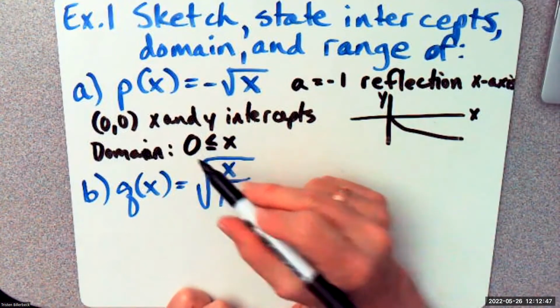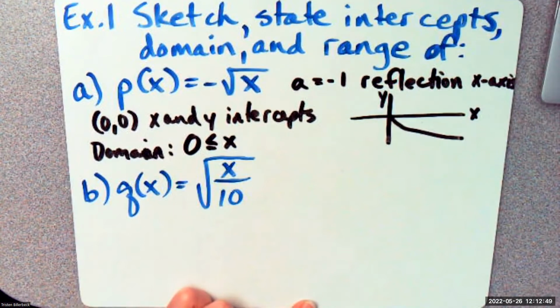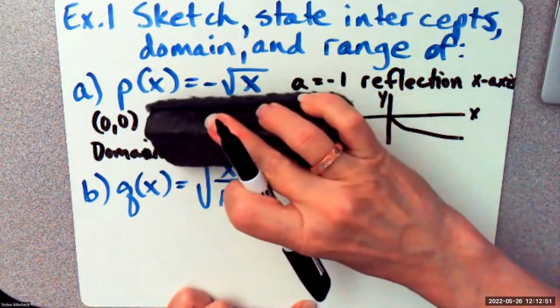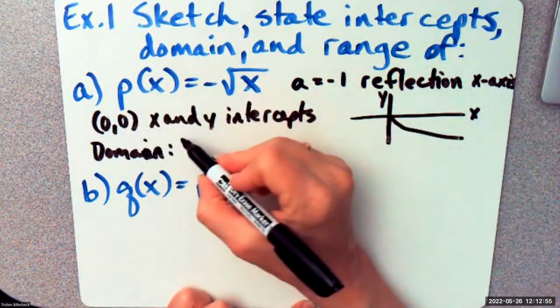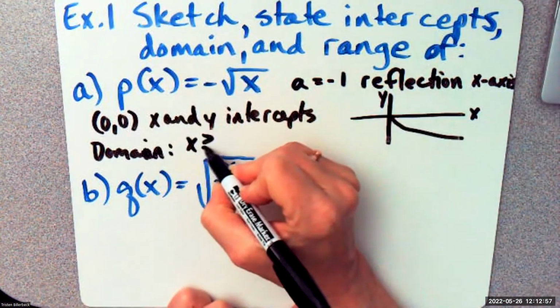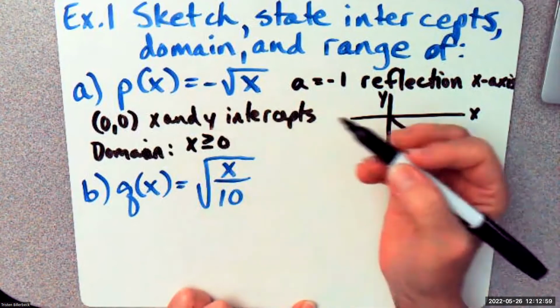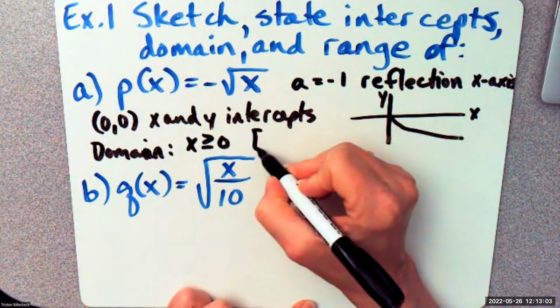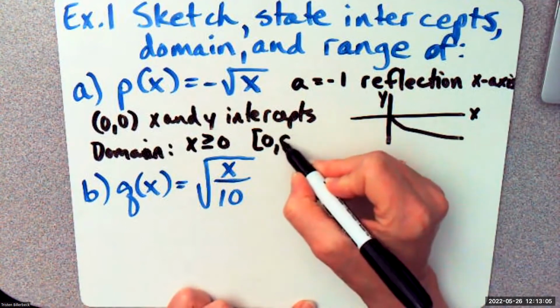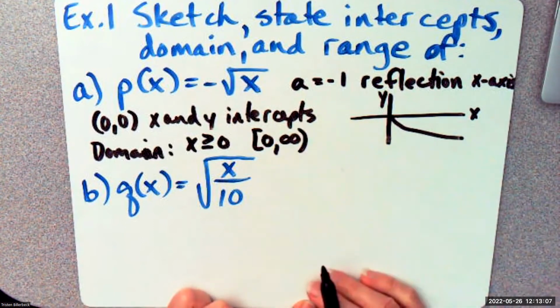So it's just x is greater than or equal to 0. If you were using a bracket, you'd have 0, infinity, like that.